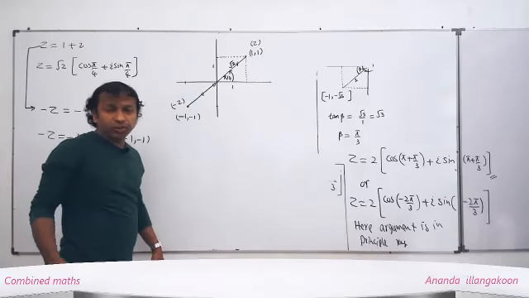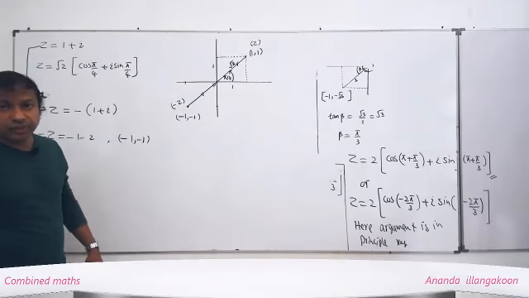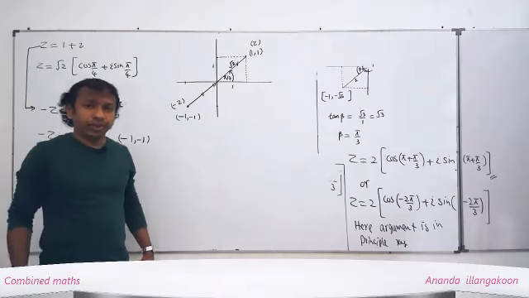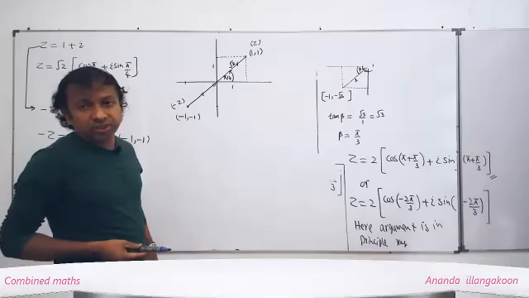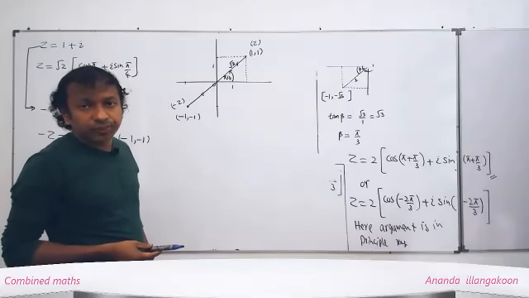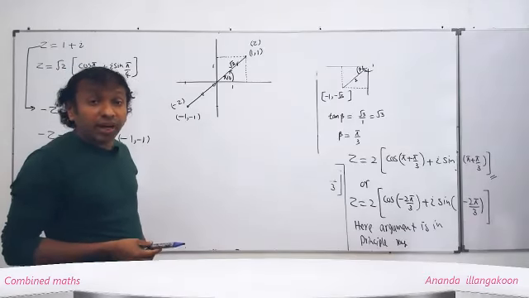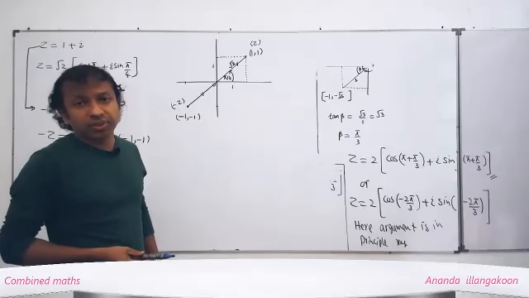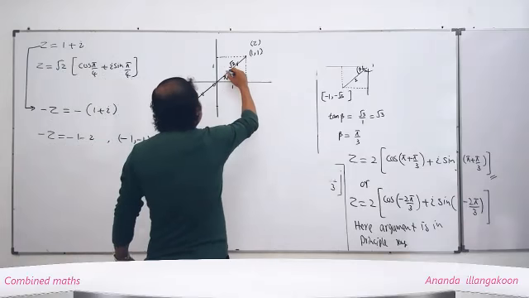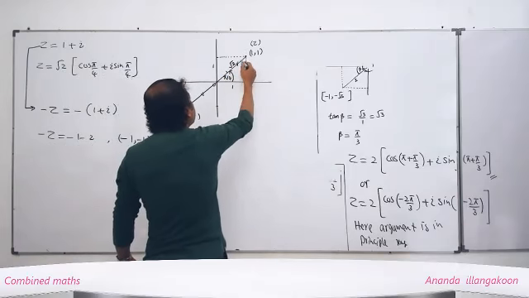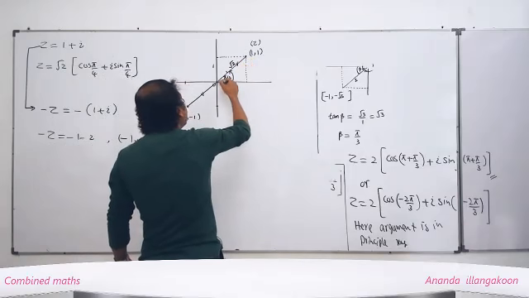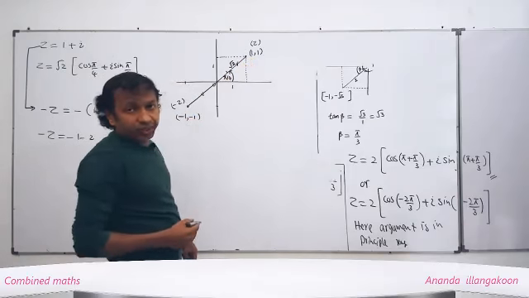Now, people, you can very clearly understand that on the Argand plane, a certain complex number z is represented by a line segment. Then to find the complex number minus z, what you need to do is reverse the line segment that represents z from the origin to the opposite direction.